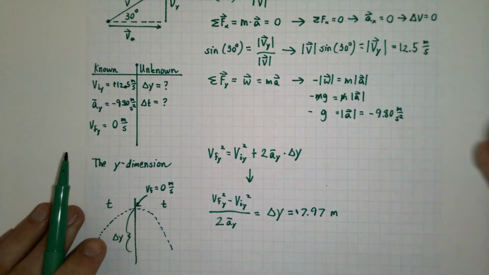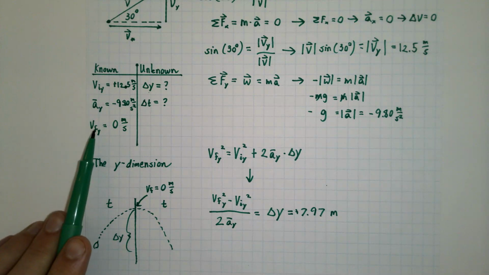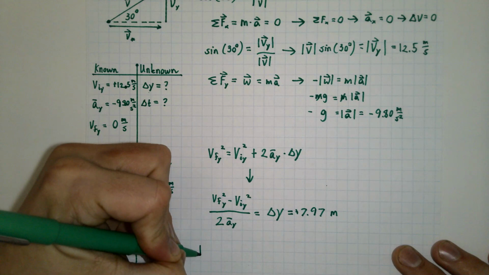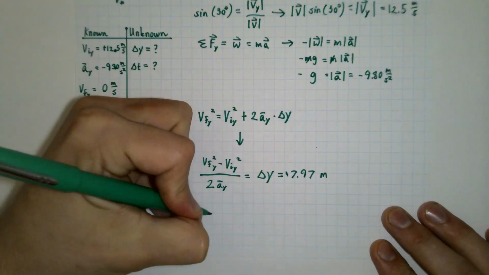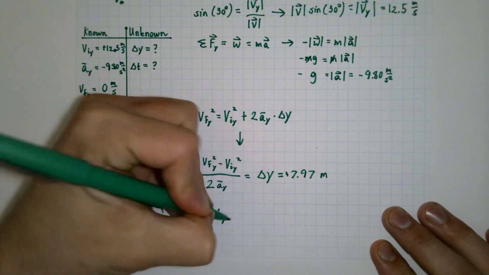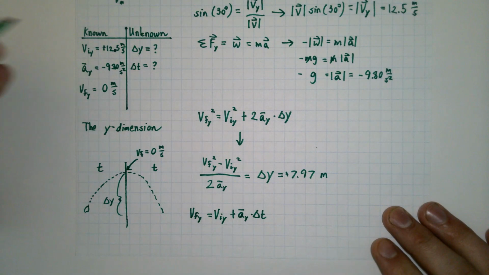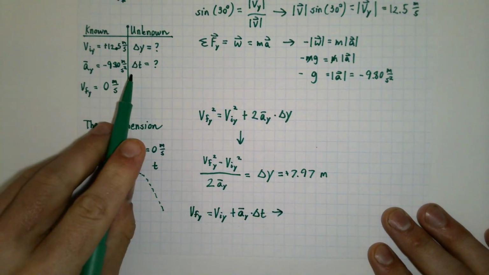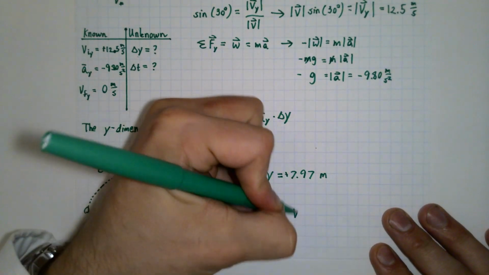position. Use another kinematics equation here. We need to relate initial velocity, acceleration, final velocity, and time. We can do that with the first kinematics equation. Here's our first kinematics equation applied to the y dimension. We need to solve this equation for change in time. That's our unknown variable that we're going to relate these 3 kinematics variables to.